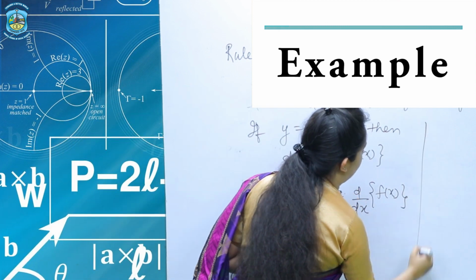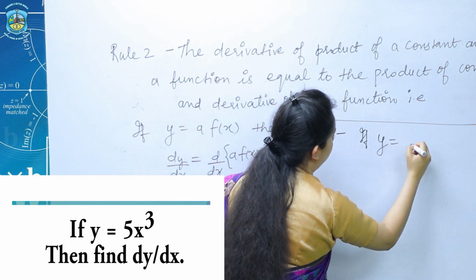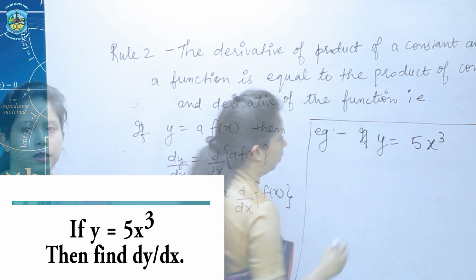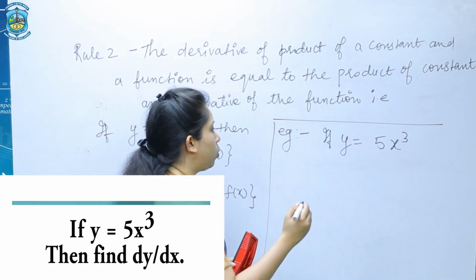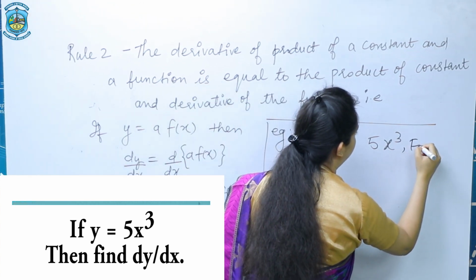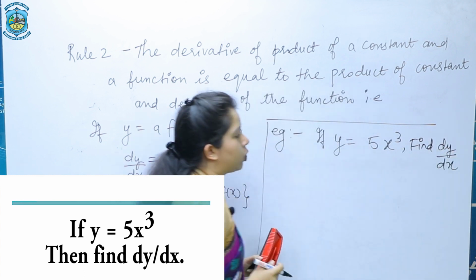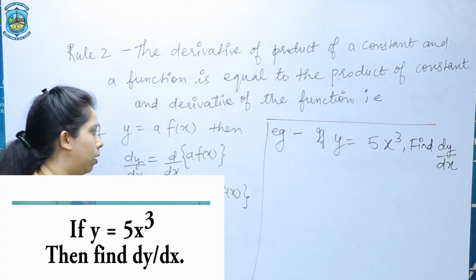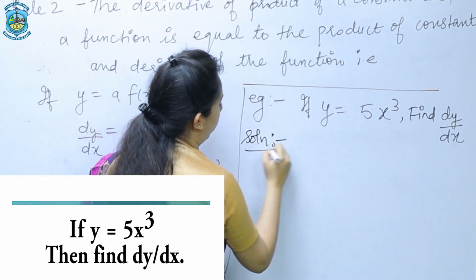Let us consider one example. The example is if y is equal to 5x cube. This is the function, y is equal to 5x cube, and we wish to find the derivative of the function, that is, we wish to find dy by dx. So, that means we will have to differentiate both sides with respect to x.